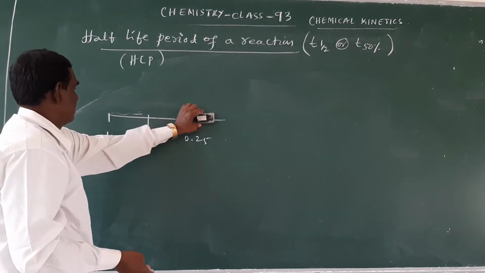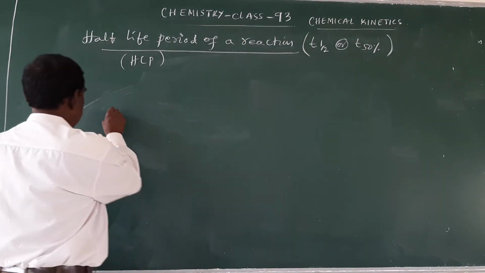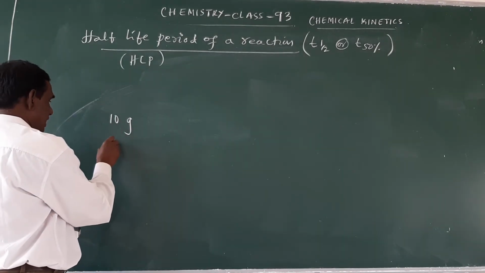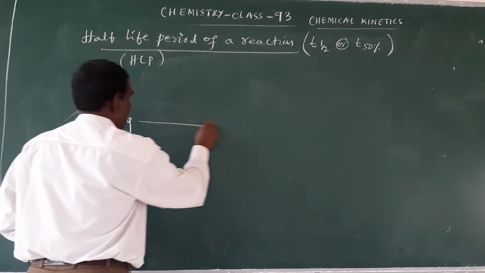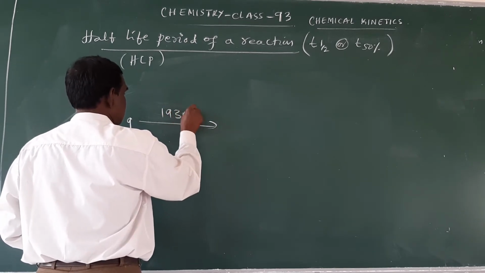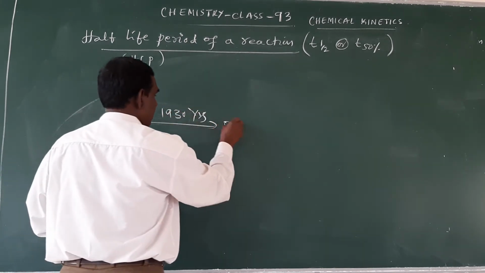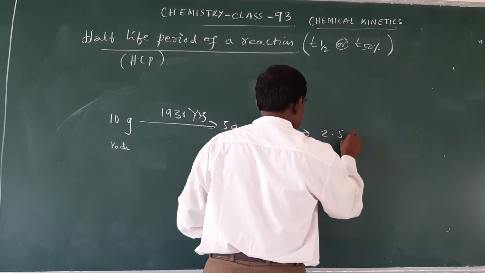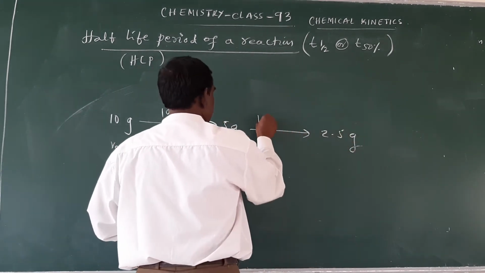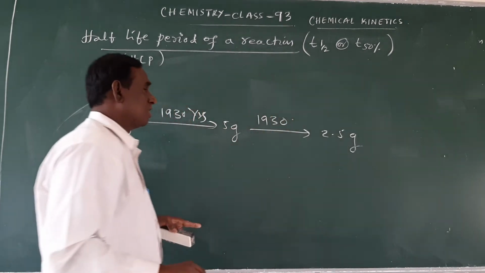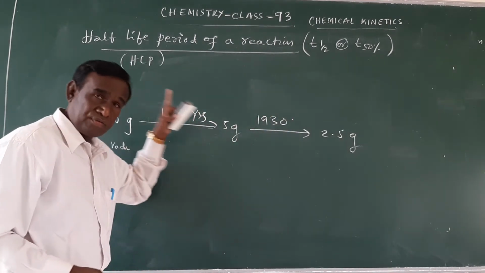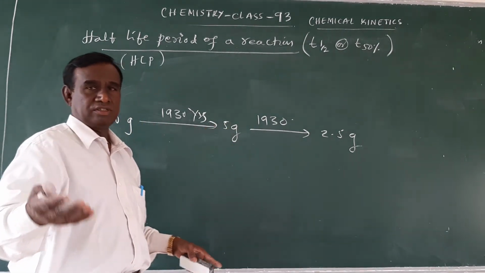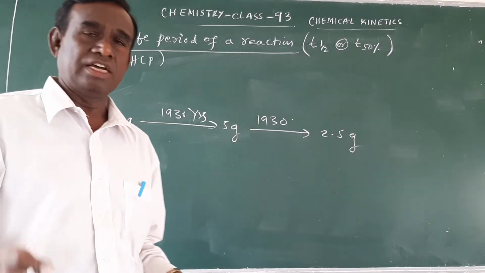So for example, if 10 grams of radium is there, after 1930 years it becomes 5 grams. Then 5 grams becomes 2.5 grams after another 1930 years. So for every half of its initial amount, it will take some time, in seconds or months or years.